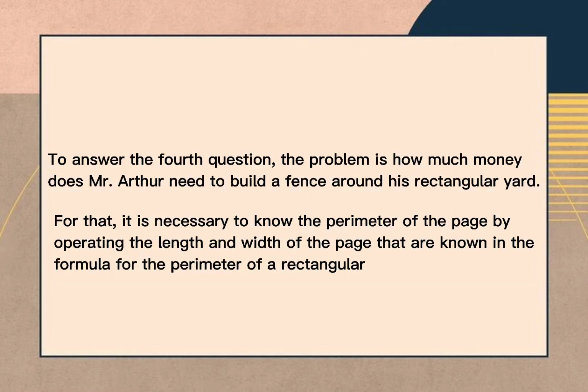To answer the fourth question, the problem is how much money Mr. Arthur needs to build a fence around his rectangular yard. For that, it is necessary to know the perimeter of the yard by using the length and width of the yard in the formula for the perimeter of a rectangle.